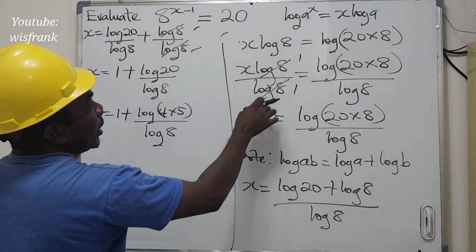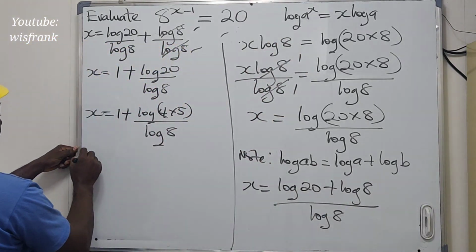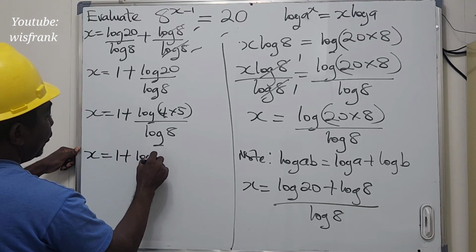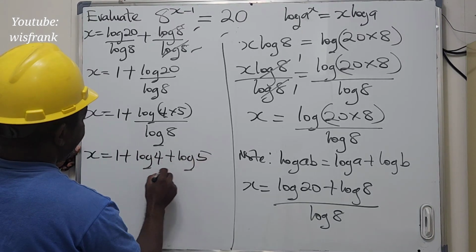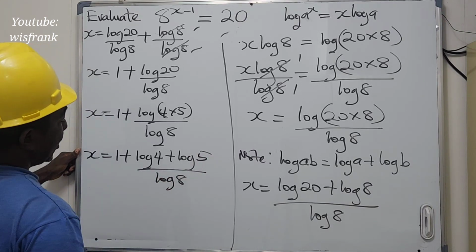Same rule that we said, expressing this in this format, this will give us x equals to 1 plus log 4 plus log 5 all over log 8.